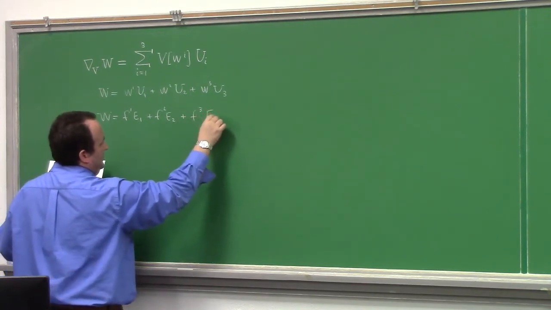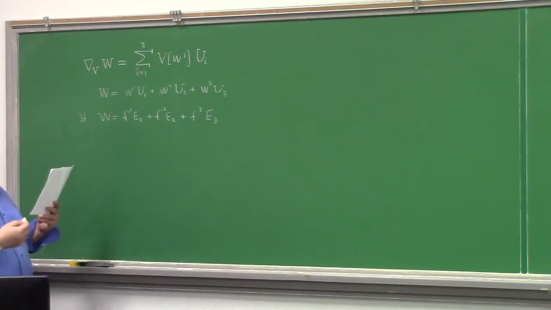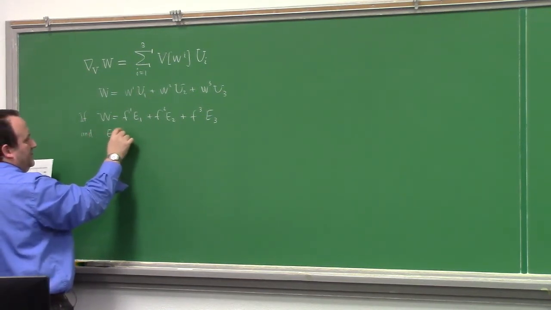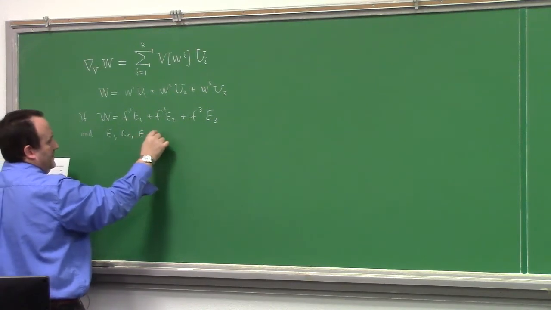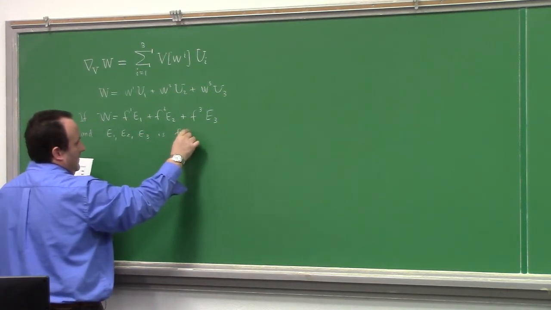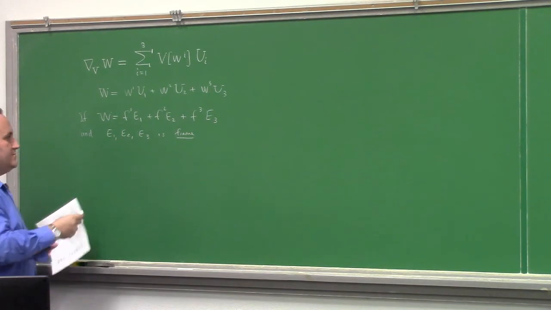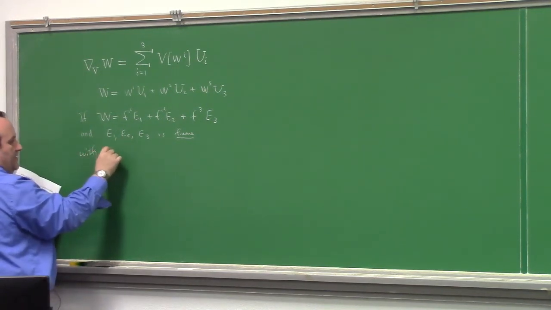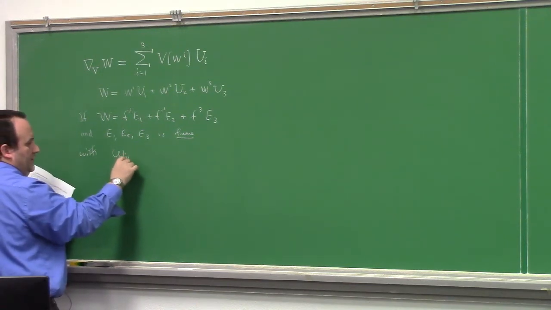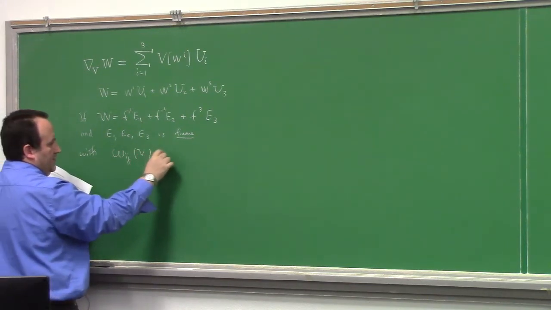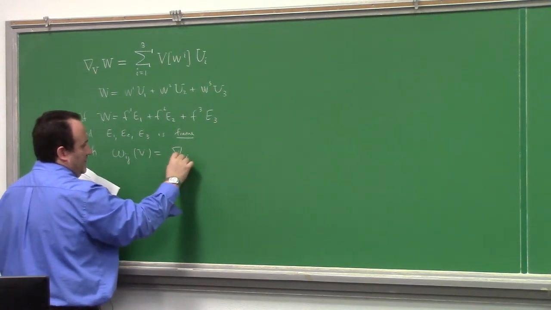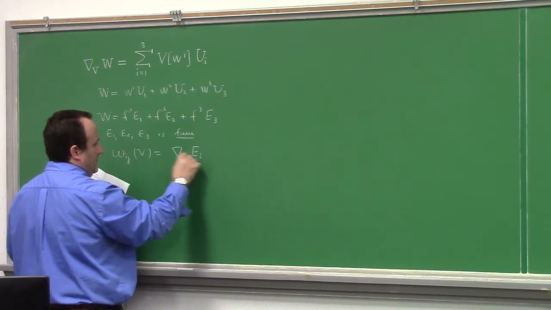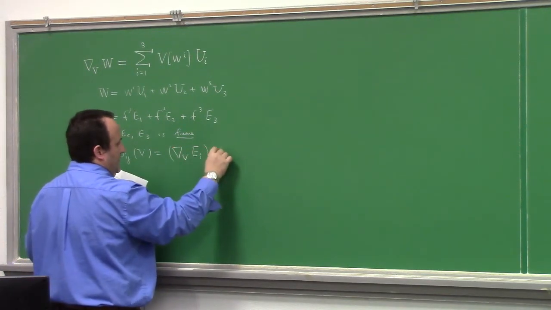But if E1, E2, E3 is a frame, how did we define it? Omega ij of v equal to the covariant derivative in the v direction of e_i dot e_j.